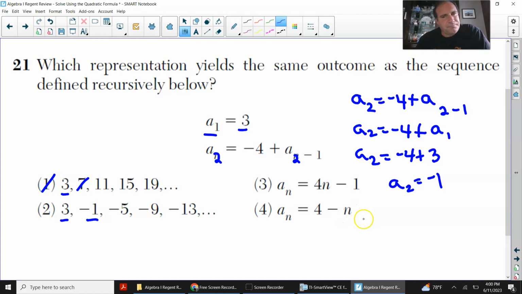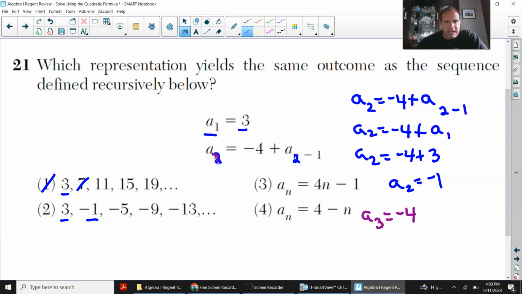All right. So I'm just going to look to see if it's negative 5, the next one, I'm going to pick 2 as my answer. But if I went all the way through, I should get all of these numbers, negative 9 and negative 13, if that's the answer. So let's go ahead and do a sub 3. A sub 3 equals negative 4. I'm following this formula here.